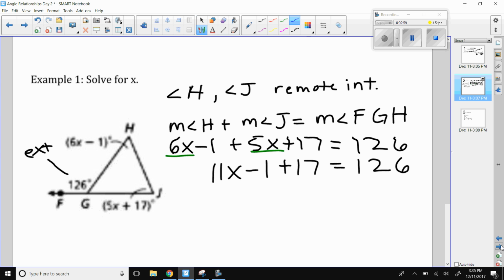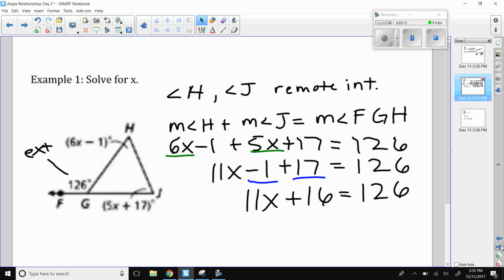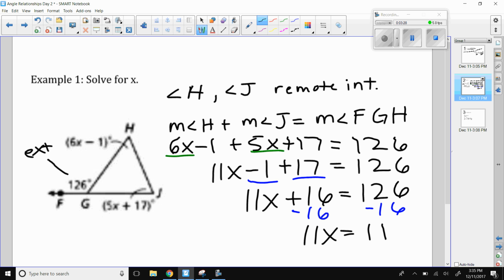And again, combine like terms: 11x plus 16 equals 126. Still, I'm going to subtract 16 on both sides, which gives me 11x equal to 110, which means x is going to equal 10. Okay, and that's all that one was asking me for.